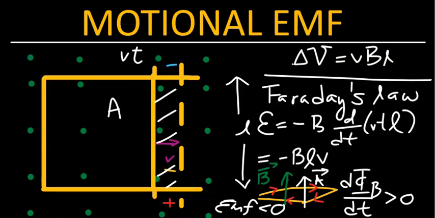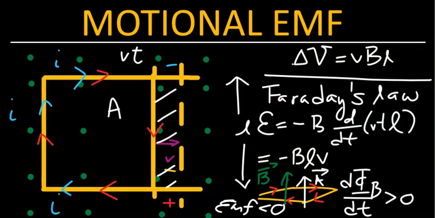So coming back to this view, that means the induced EMF is going like that, or quite simply like that. And this should also be the direction of the induced current, as we previously discussed.